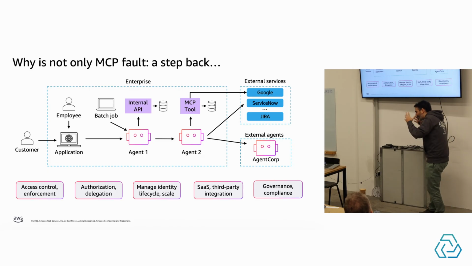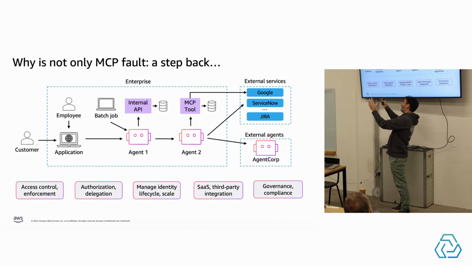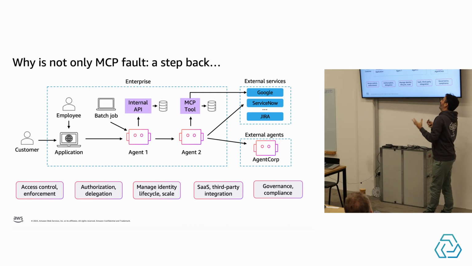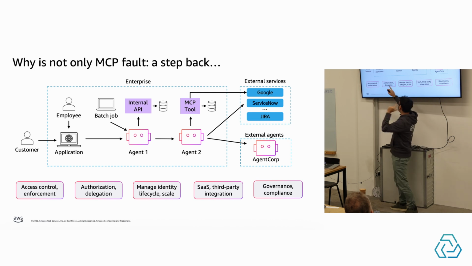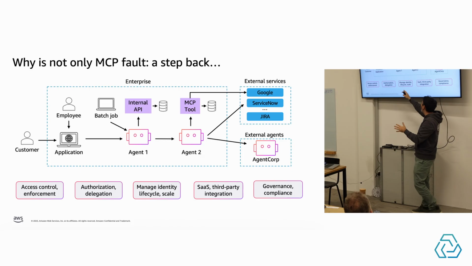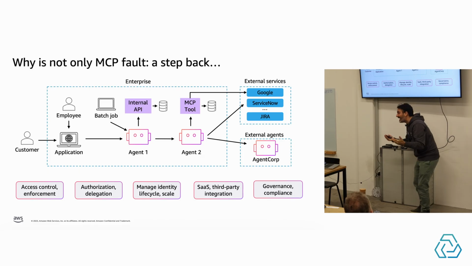So suddenly, something that seemed very cool and easy, I want my LLM to call a tool, in an enterprise context becomes a bit more complicated. Access control enforcement, authorization, delegation, management of the identity lifecycle, SaaS, third-party integration, governance, compliance. I don't care as a developer about it, but somebody in the company will.